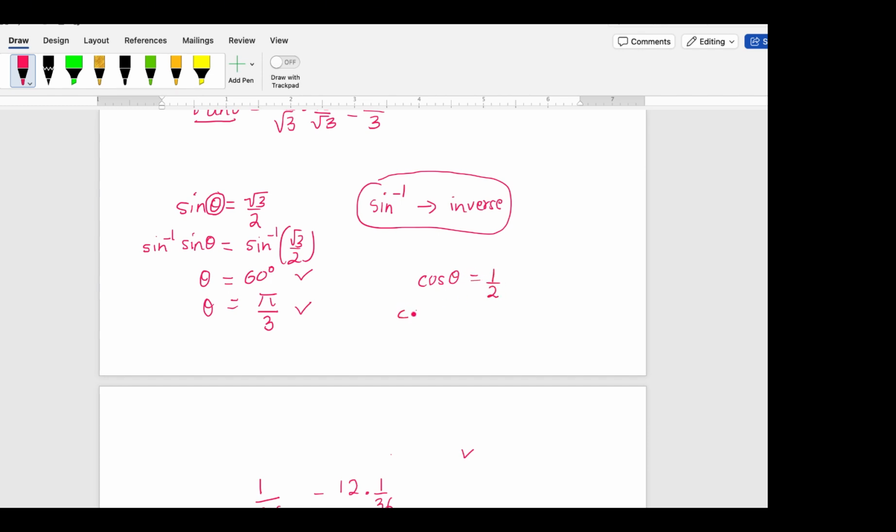Again, I'm going to use cosine inverse on both sides. So cosine inverse of cosine theta equals cosine inverse of half. So I added cosine inverse to both sides. These two cancel. I'm left with theta equal cosine inverse of half. Again, I'm going to go ahead in the calculator.